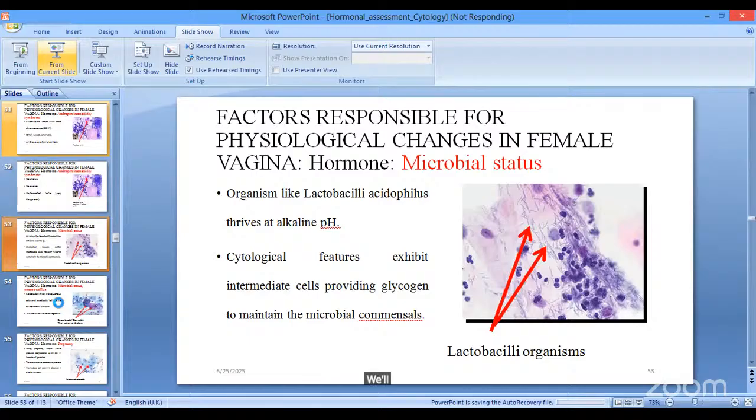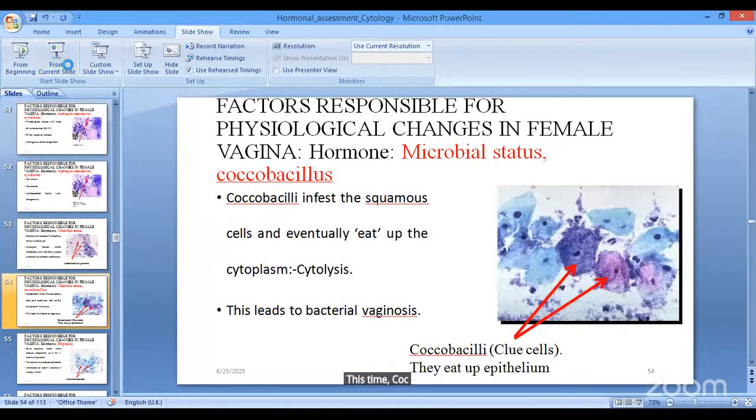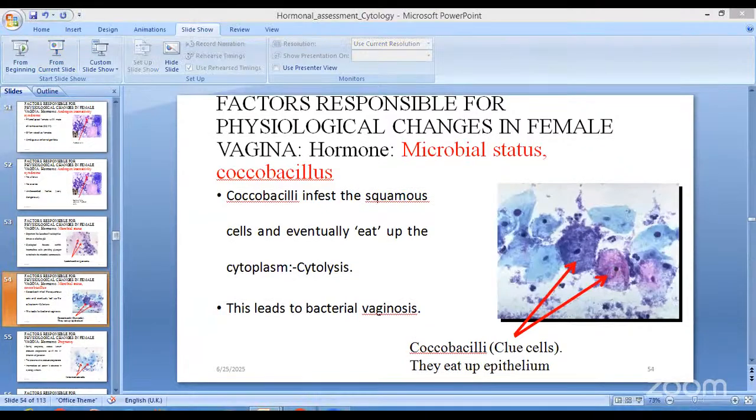We'll talk more on factors responsible for the physiological changes in the female. This time, Coccobacillus. These round, small cells like feasting on the cell cytoplasm of intermediate cells.